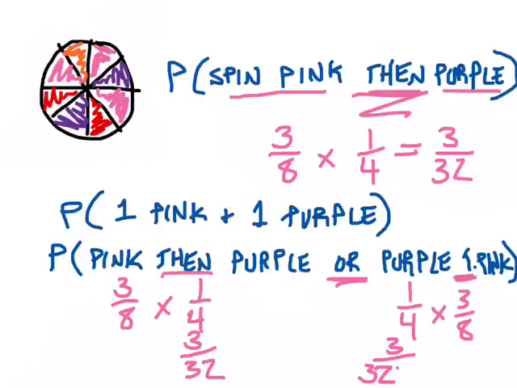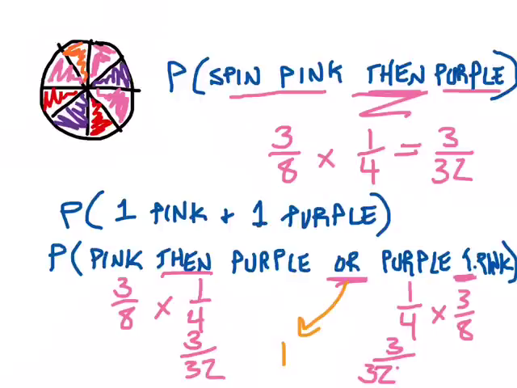The last thing to really think about is this or word here. When I look at this or, if you remember, or means addition. So the probability of this or the probability of this means the probability of the first one plus the second. So I'm going to throw in some addition to finish this up.